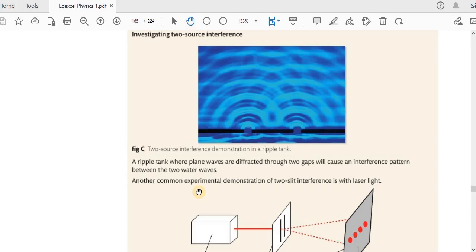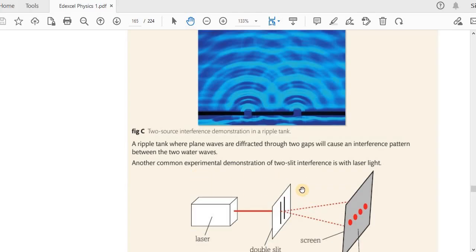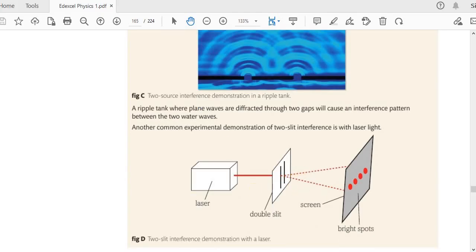Another common experimental demonstration of two slit interference is with laser light. You can see this is the double slit, and by the way it's not this big, but they have drawn it large so that you can see it in the diagram.